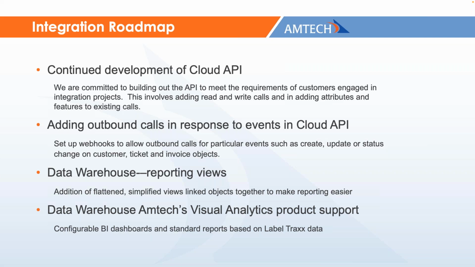This allows you to integrate with another system where, if you're creating a ticket, updating a customer, or sending an invoice, the integrating system is informed of it and doesn't have to query or poll the Label Traxx system to find out about changes.